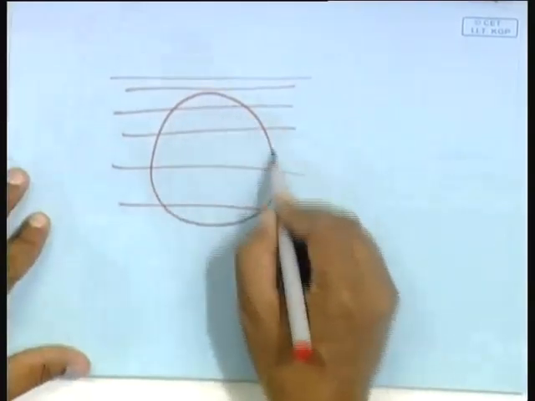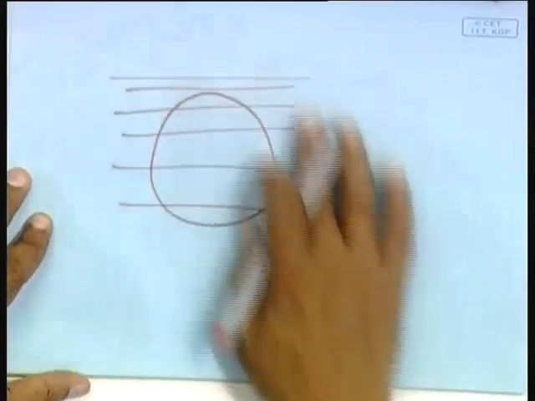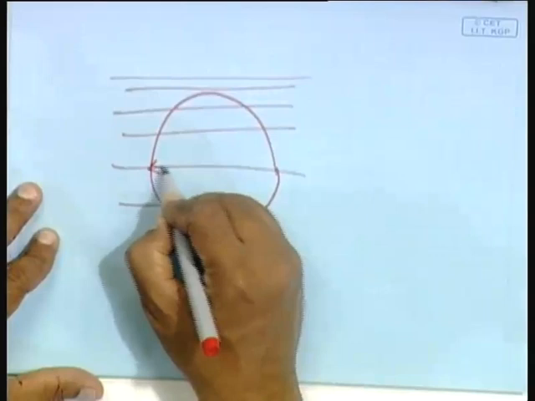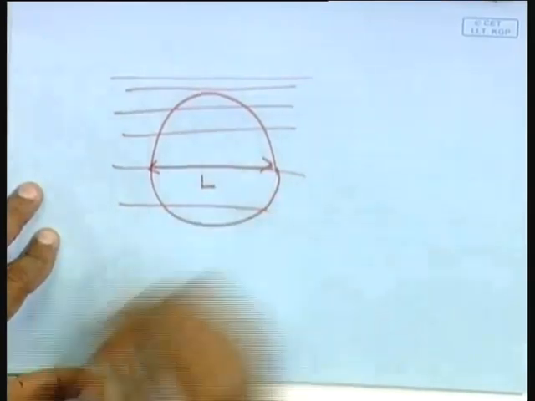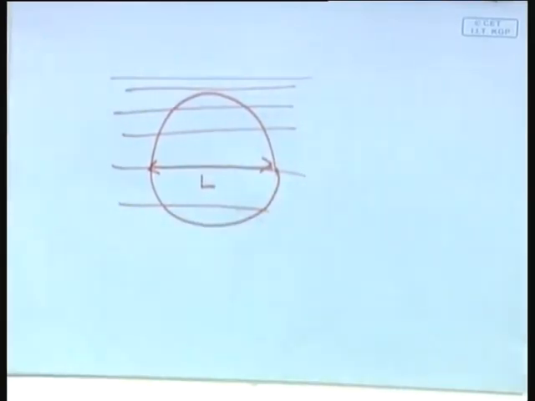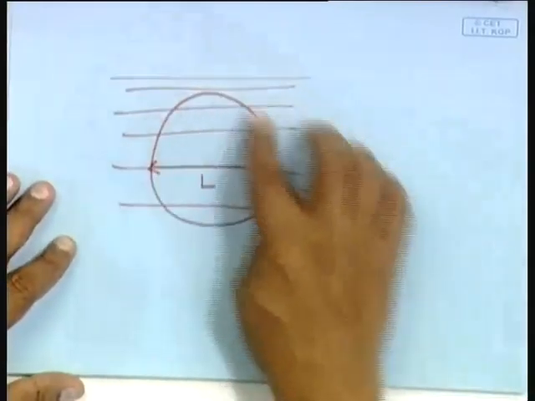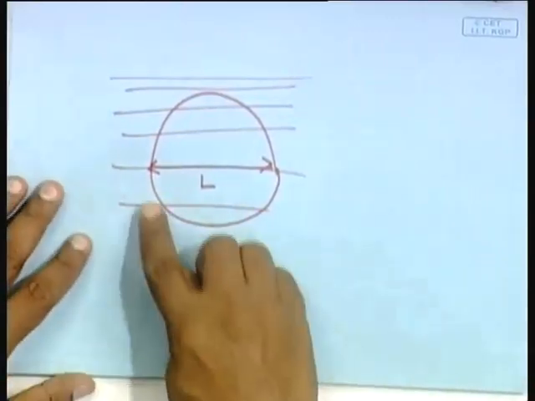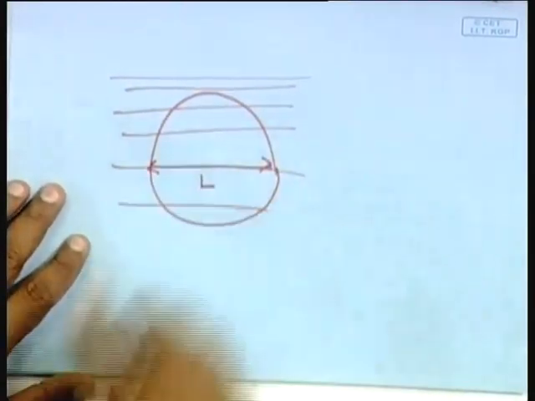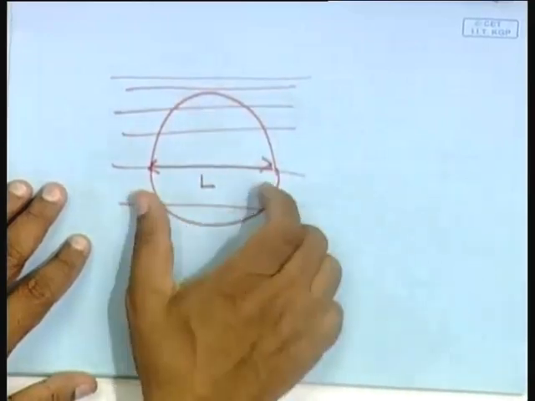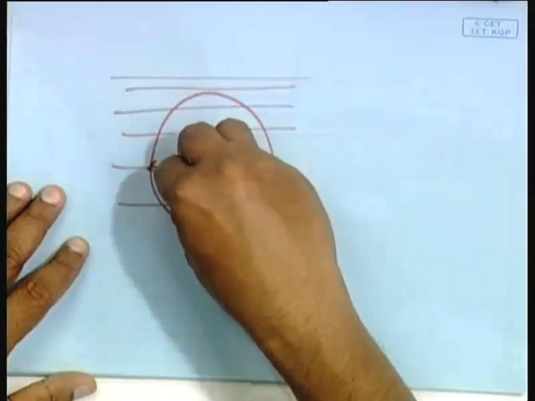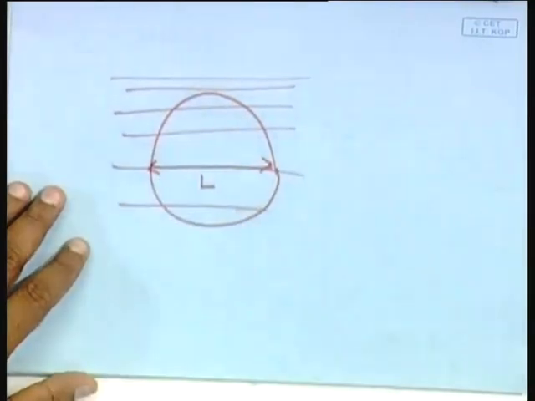The density of this region is more than the density of the region outside, and this has a length scale L. Now, in the absence of any other force other than gravity, if I have some matter like this of a length scale L, this is going to essentially collapse due to its gravitational attraction.